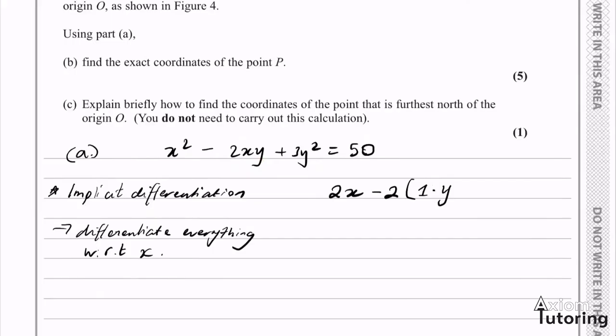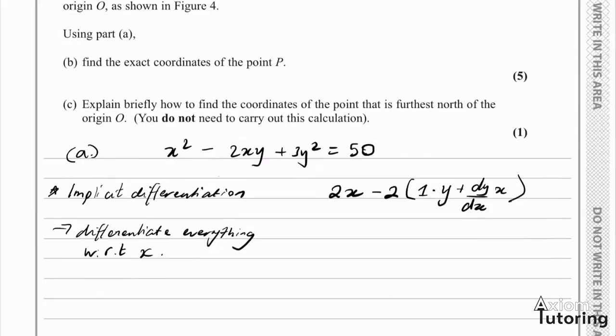Here we're using the product rule, because now we're also going to differentiate y with respect to x, but keep x the same. If we differentiate y with respect to x, we get dy over dx. X remains the same because we're using the product rule and implicit differentiation on this term.